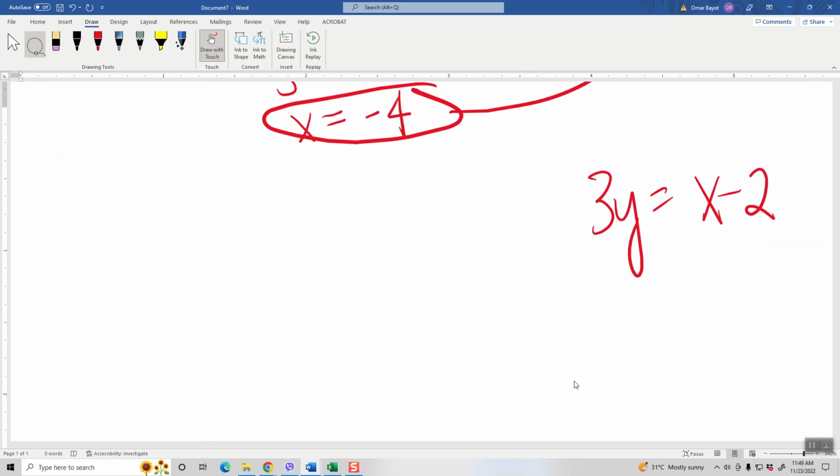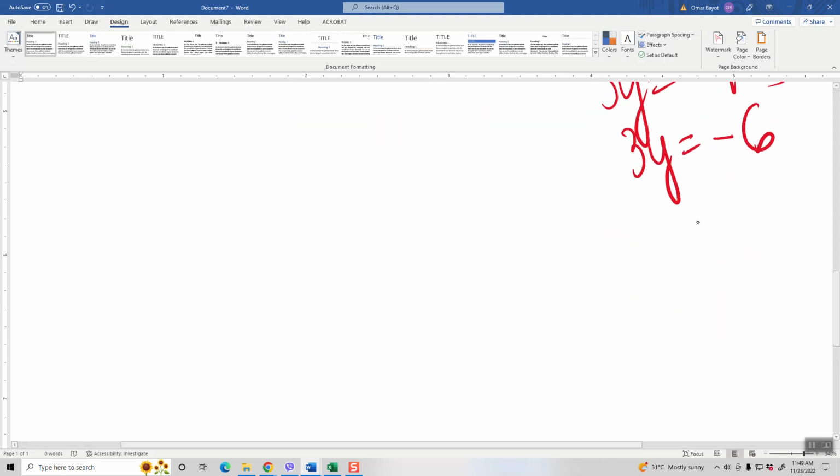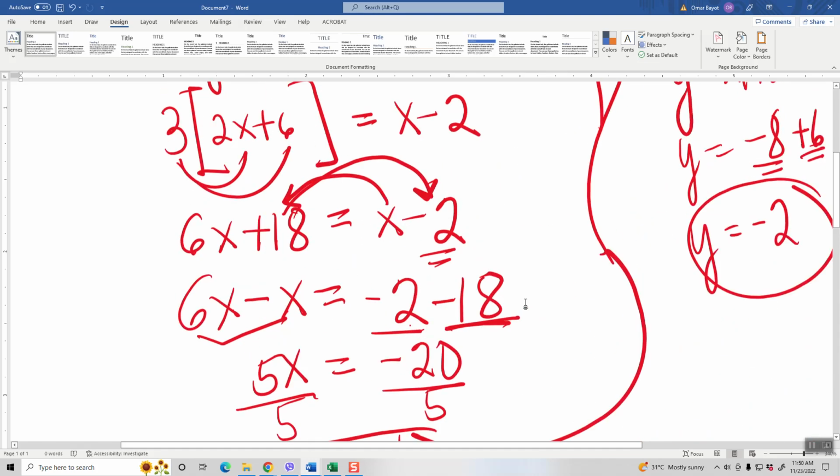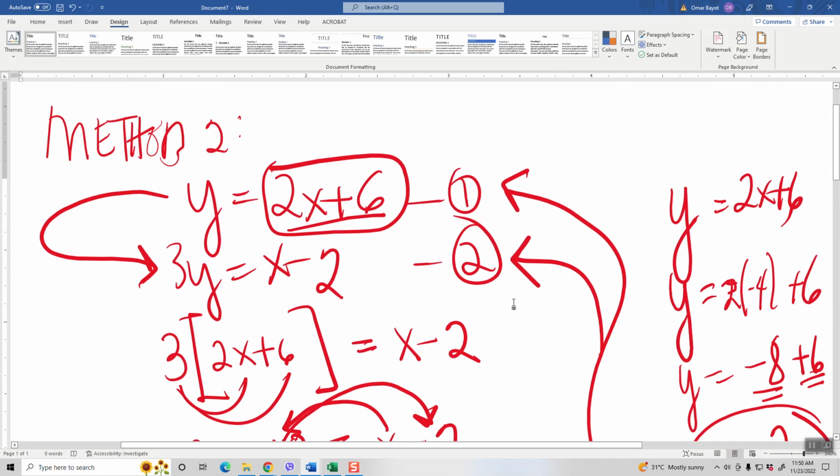Yung x pala yung negative 4. So 3y equals negative 4 minus 2. 3y equals negative 6. So to solve for y, you divide all by 3. So you will have y equals negative 2. The same, no? So any equation may do for your determination of the other unknown variable.